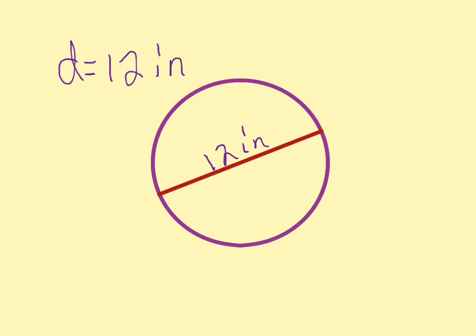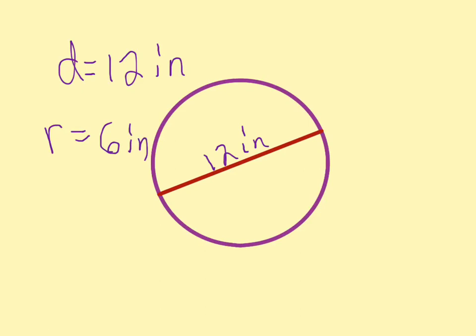So we have our circle, and if I am ever given, for example, that the diameter is, let's say, 12 inches, then I know that the radius is half of that, because the radius is half of the diameter in length.